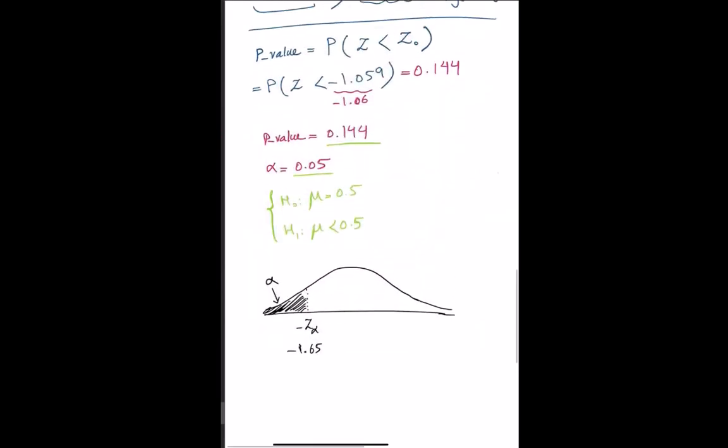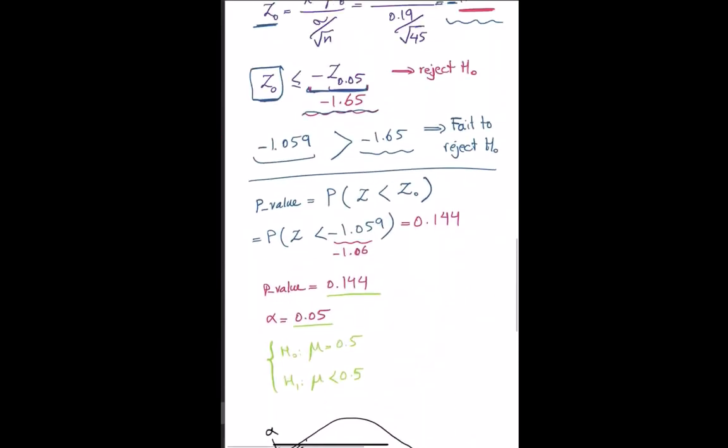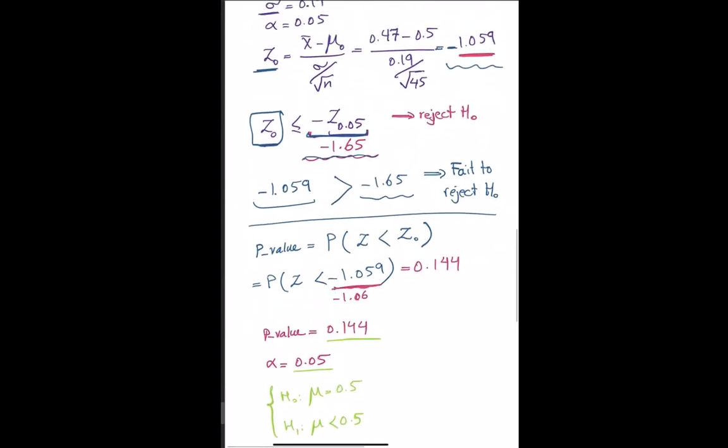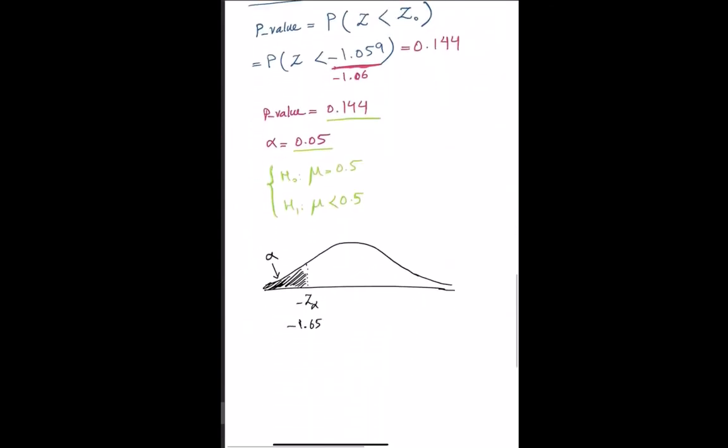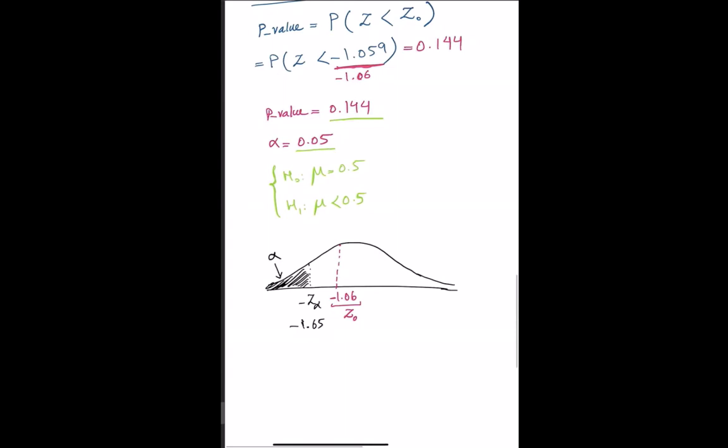And then the value of our test statistic ended up to be minus 1.06. That's the value of the test statistic, Z naught. And then the p-value is basically this red area. That's what the p-value represents.